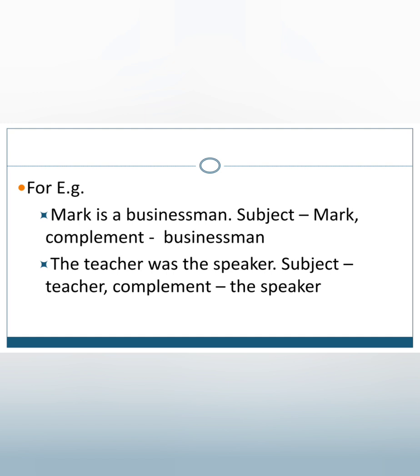Here, was is the verb, the teacher is the subject of the verb, and the speaker is the complement of the subject. That is, it describes the teacher who was the speaker.